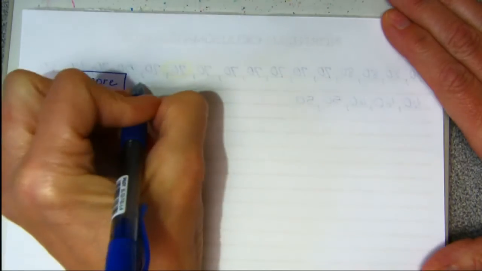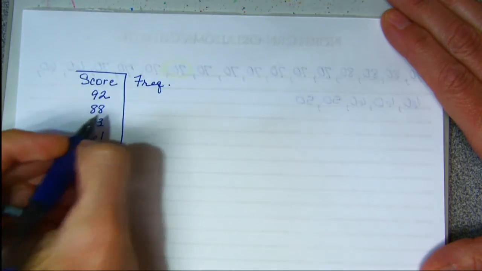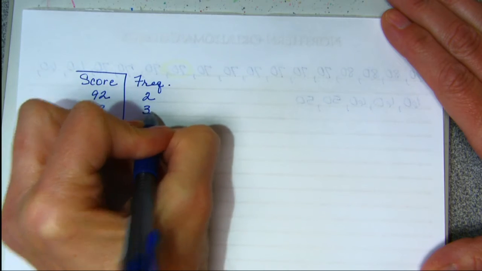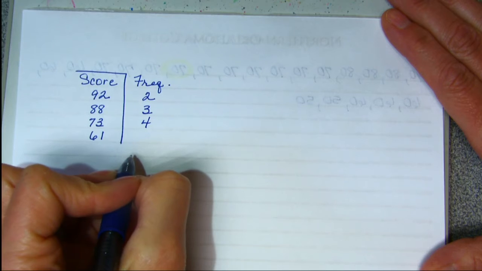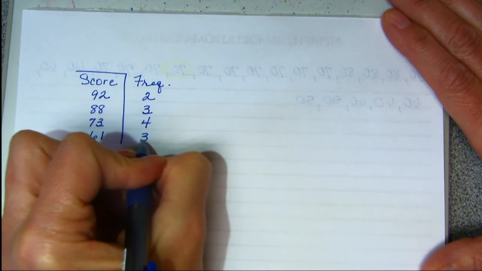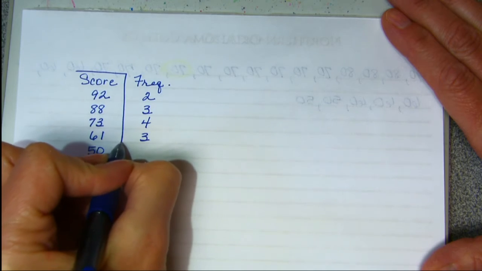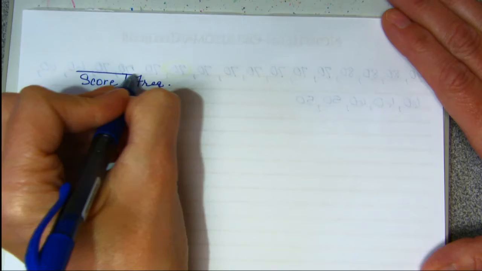Okay? All right. So what is their frequency? So say that there are 2 92s, 3 88s, 4 73s, 3 61s, and I meant to do one more score of 50. And let's say that there are 3 of those.